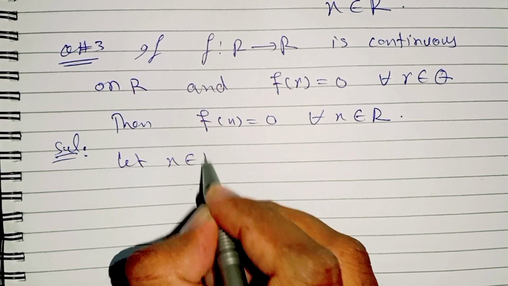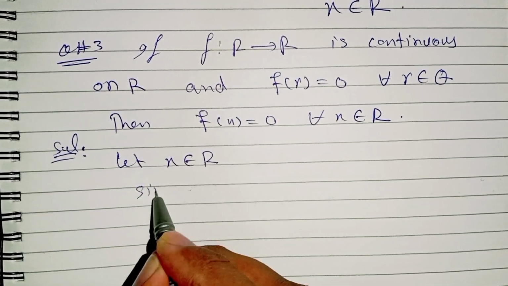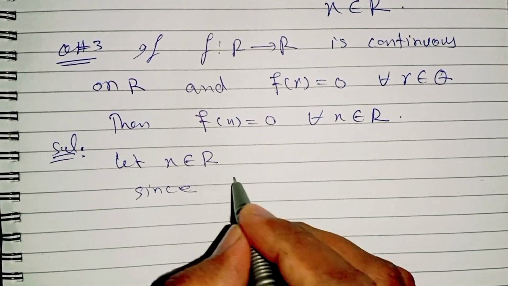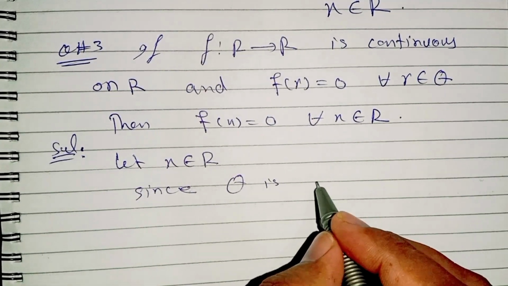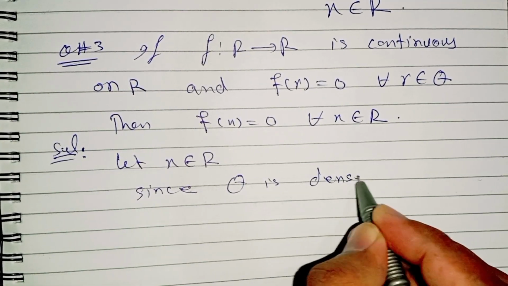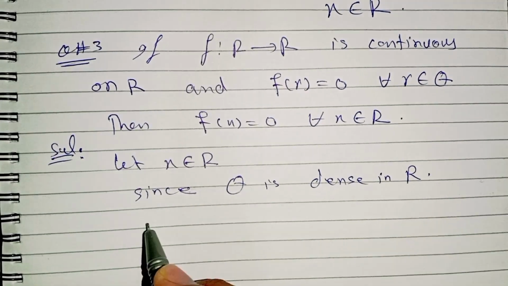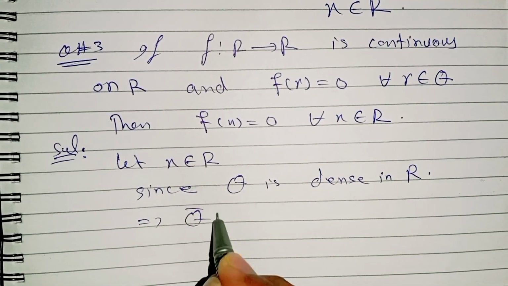Let x belongs to R. Q is dense in R. This implies that the closure of Q is equal to R.